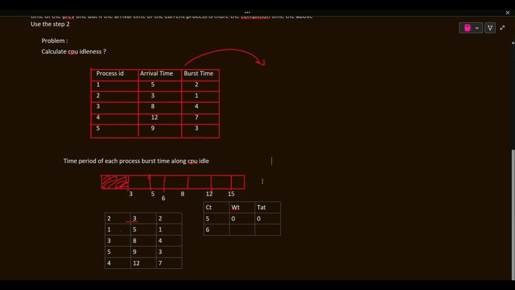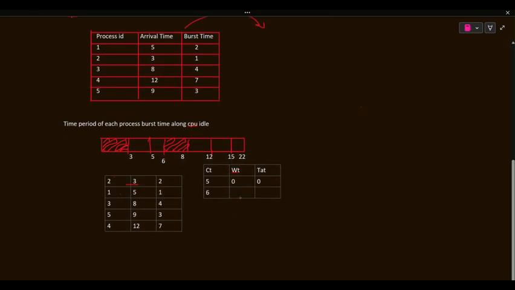Then after the execution of process number 5, process number 4 will be executed with a burst time of 7. So the total time will be 22. This is going to be the entire Gantt chart where the shaded area represents the idleness of the CPU. It means the CPU was idle at this time period.